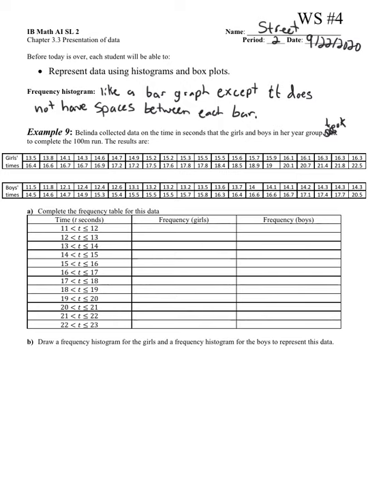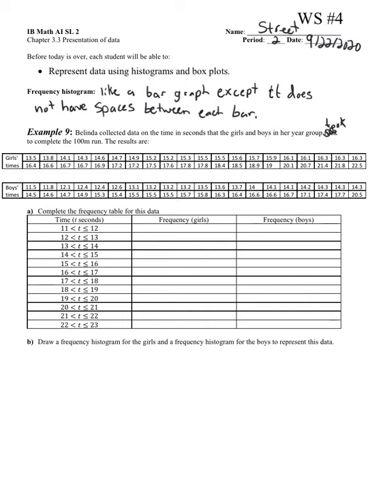So these are the results, with the girls' results and the boys' results, and there's 40 data points total. What we're going to do is complete the frequency table. We have to figure out how many girls ran between 11 and 12 seconds, and how many boys ran between 11 and 12, and we'll work our way all the way down and fill out the table. So why don't you guys go ahead and start working on that.